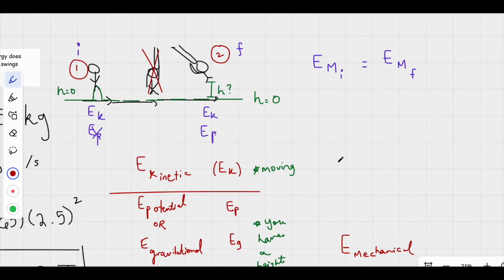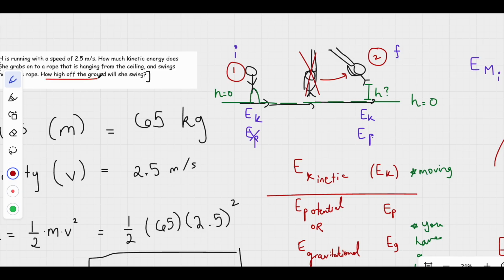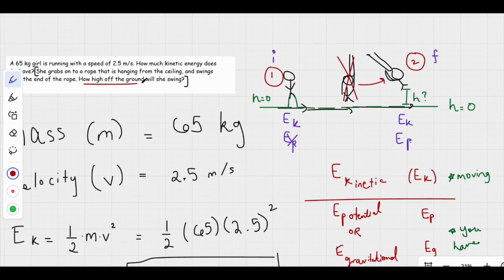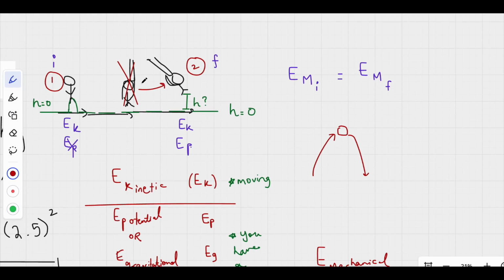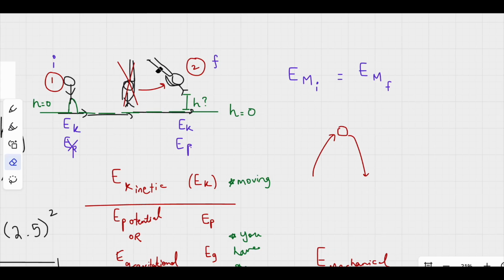If you notice, when you throw a ball, at the very, very top, it pauses for a split second before it comes back down. It's the same thing here. She's going to start swinging, and at some point she will reach her maximum. She'll pause for a split second, which you might not even notice, but in physics terms, maximum height, how high off the ground will she swing, in this case they are asking for maximum height, usually means that the velocity is 0 because she's paused for that split second at the maximum.